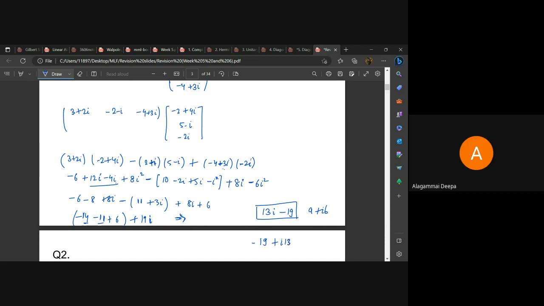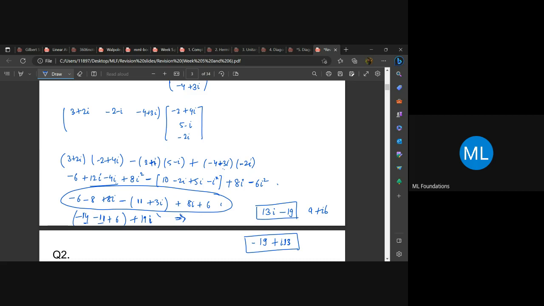Understood. Ma'am, can you explain the thing you wrote in the second last step? This one. Which step do you want me to explain? Second last, this one. So I have just done the calculation.